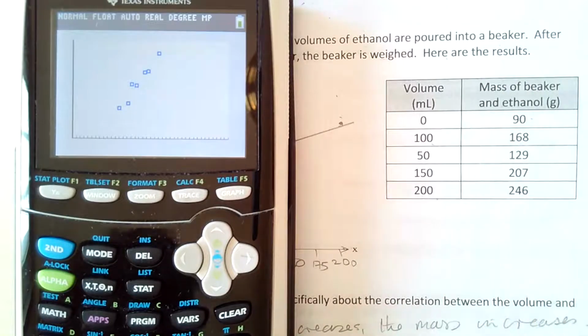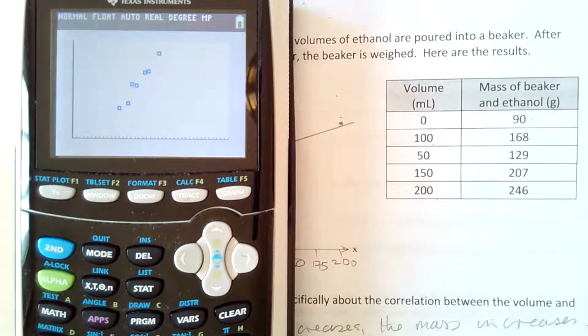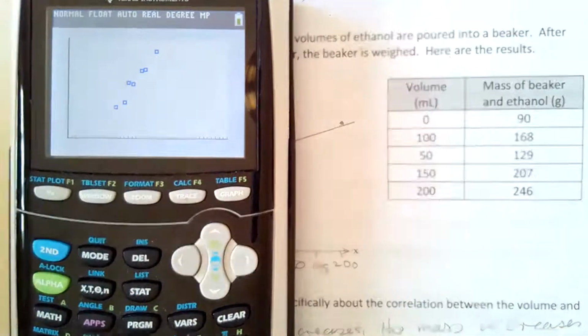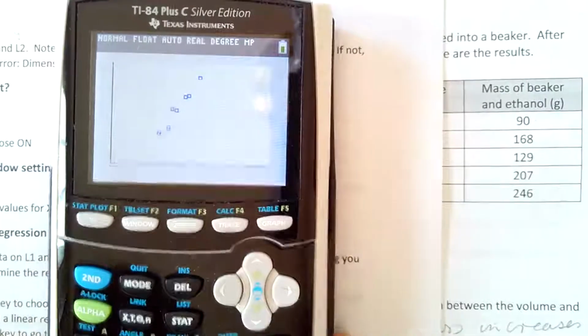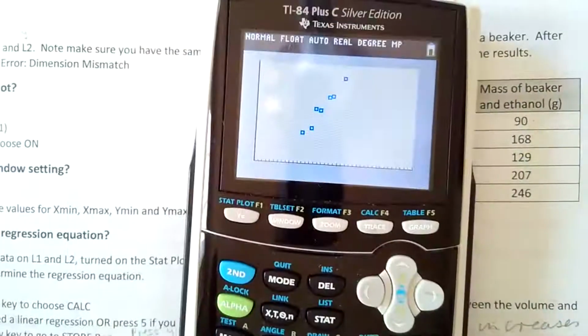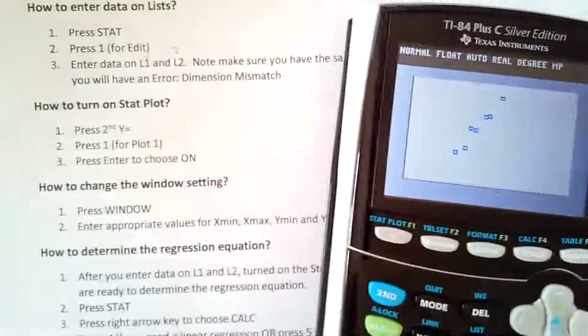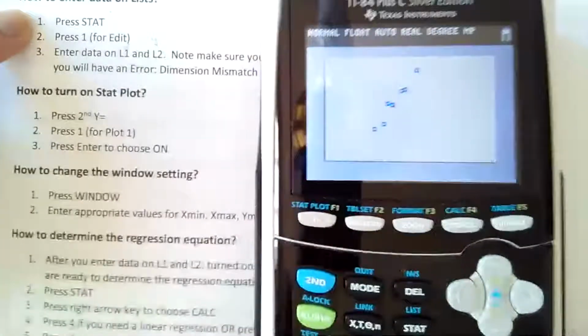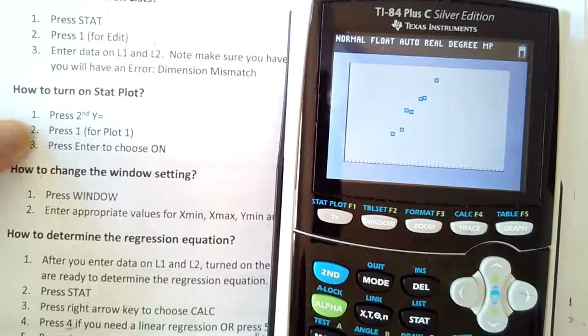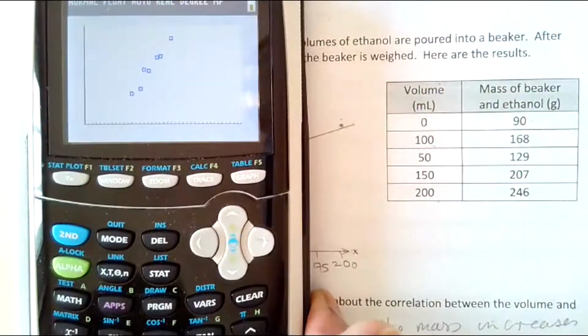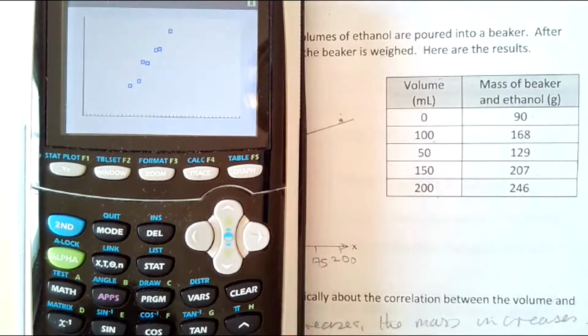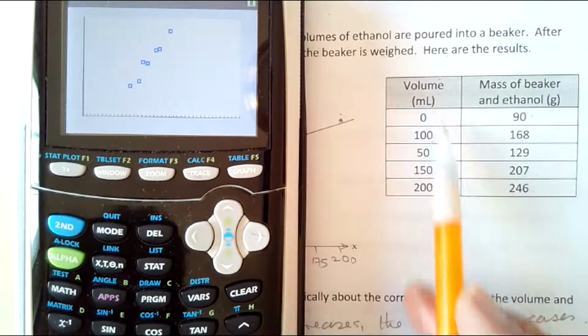So remember, to do that, go back to our sheet and follow this set of instructions, number 2, entering data. I'm going to demonstrate it. We need to put the set of data in.